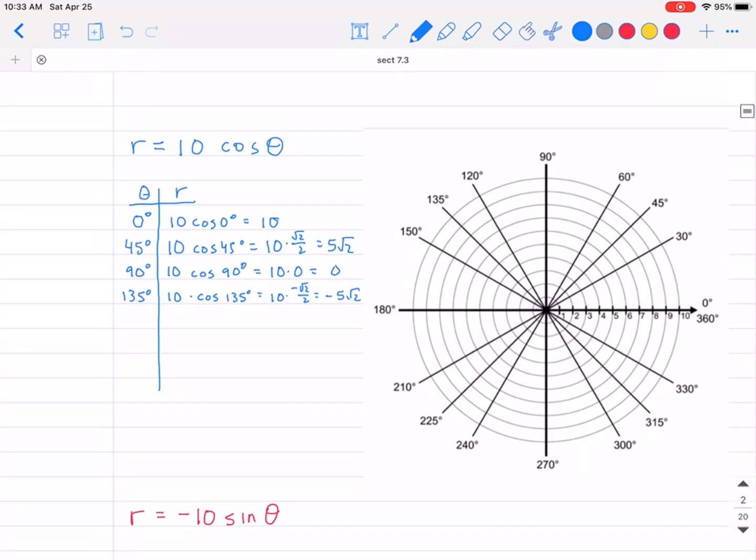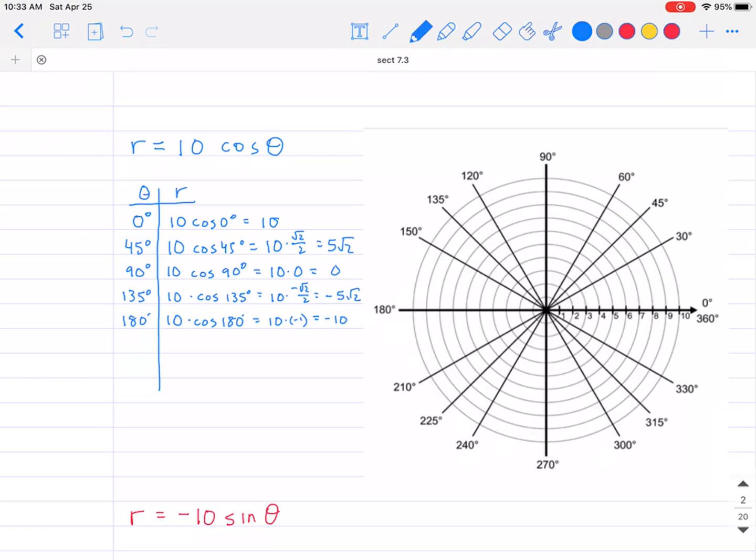Later on, we can just try the multiples of 90 once you get the grasp of this, instead of multiples of 45. This is just an example to show you how it actually looks, one small step at a time. Continuing on, 180 degrees. Then we have 10 multiplied by the cosine of 180, which is equal to 10 multiplied by negative 1, so the answer is negative 10.